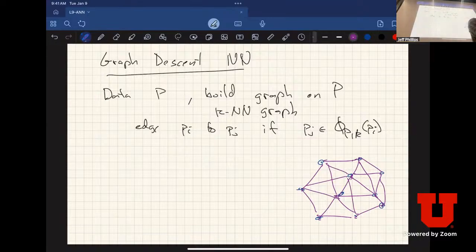So then how the algorithm works, and maybe it's a different graph, but let's start with the nearest neighbor graph as the first idea.